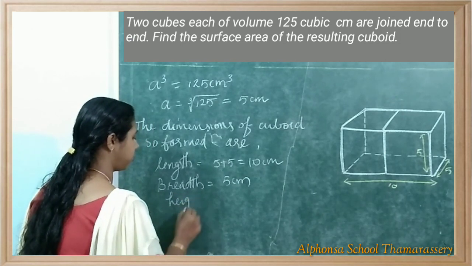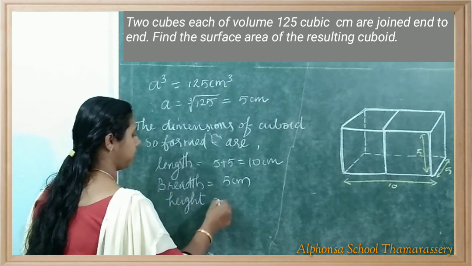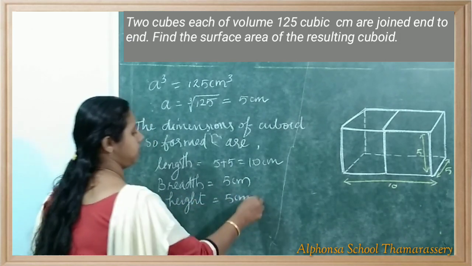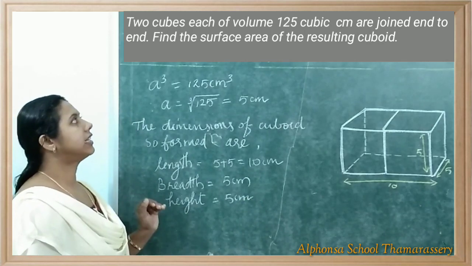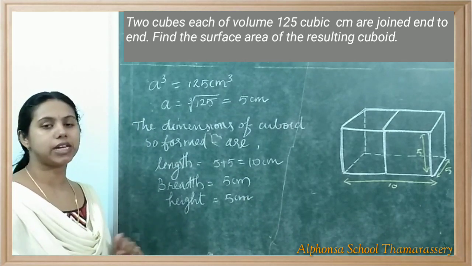Height is equal to 5 centimeters. We want to find the surface area of the resulting cuboid.